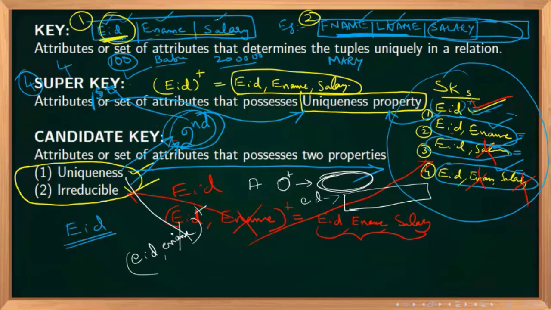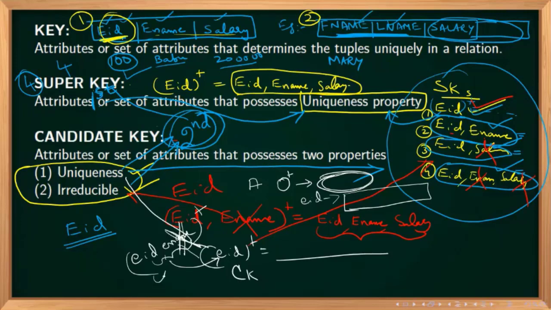But you can remove employee name, and after that also, if you take the closure, you will get all the attributes. What is the meaning of that? It can be further reduced. If you can reduce, then the original one was a super key, and the reduced one will become a candidate key. So EID will be the candidate key. This is a super key. So that is the idea.